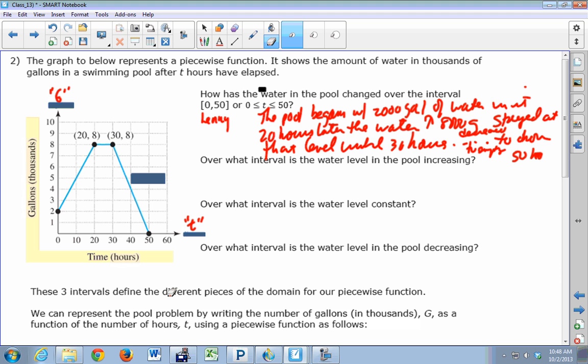Over what interval? Now this is a little refresher from Monday's class. When we talk about the intervals that a function is increasing, decreasing, or staying constant, what type of intervals are they? Open. I didn't put it in there, but just as a reminder.